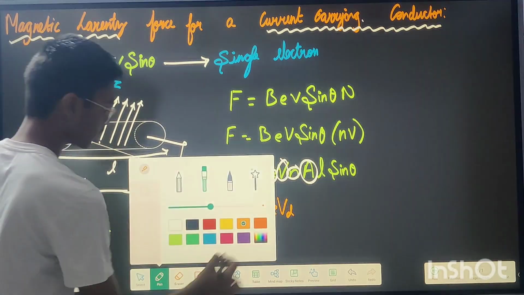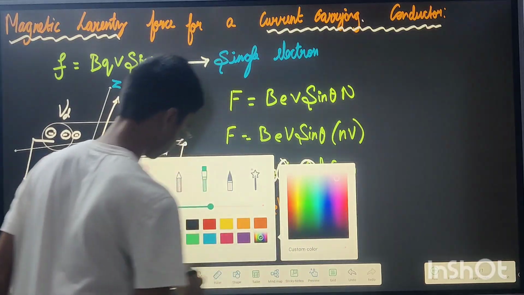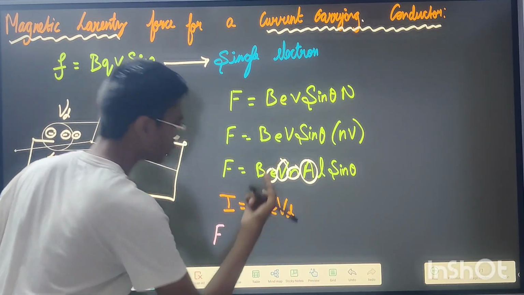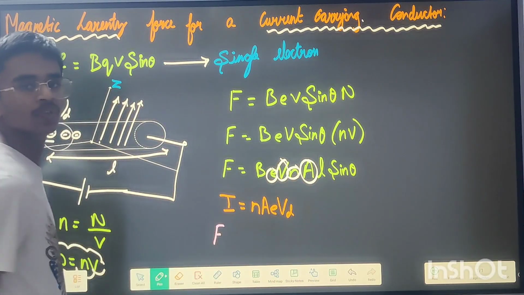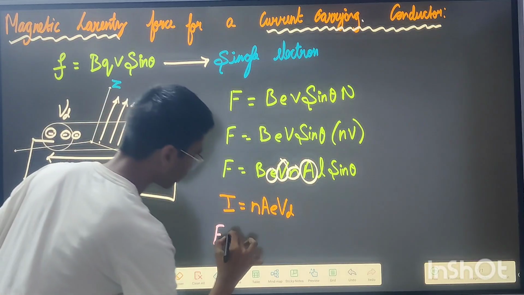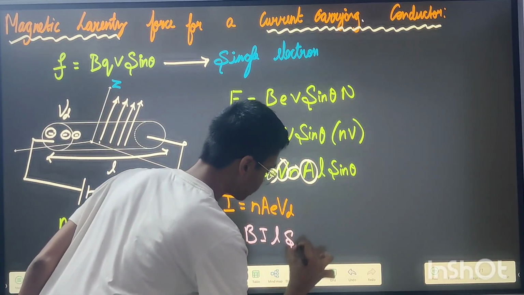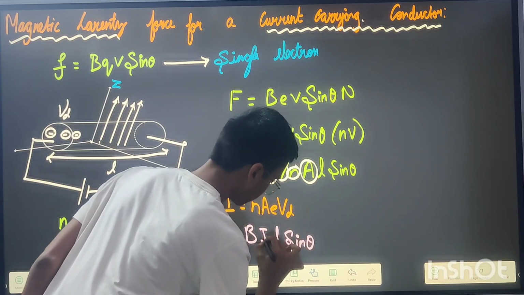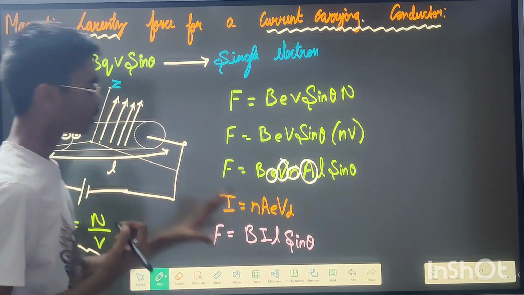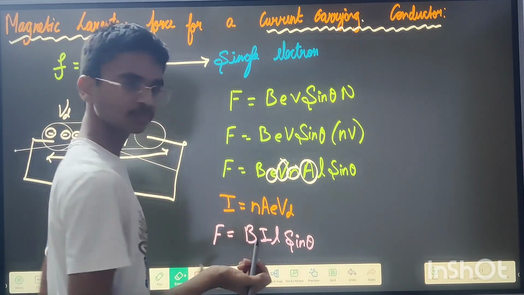From this you can very easily say that force is equal to, instead of all these terms, we are going to write I. So force is equal to BIL sin theta.